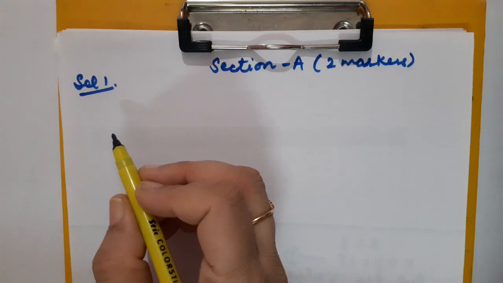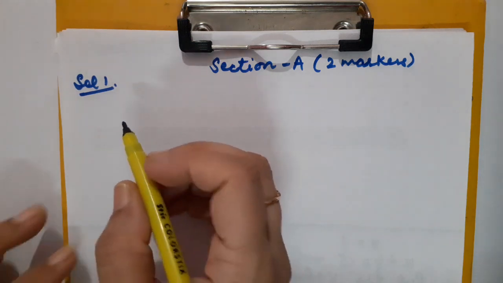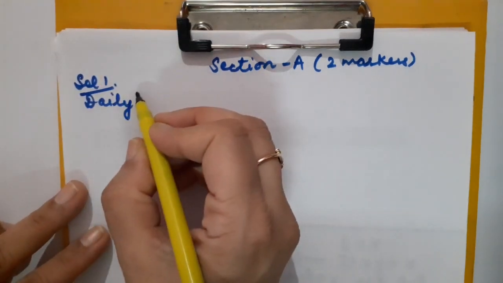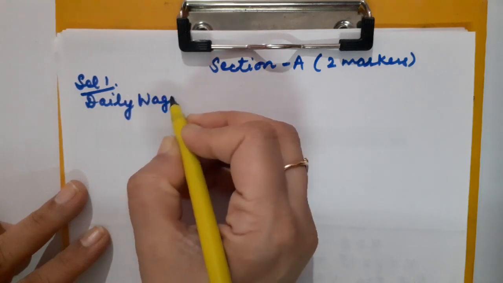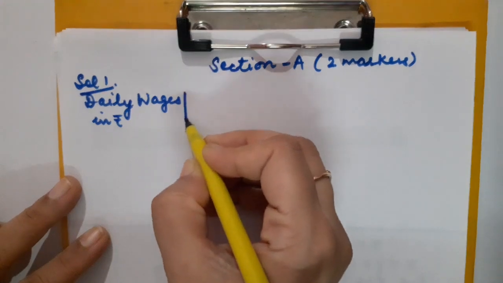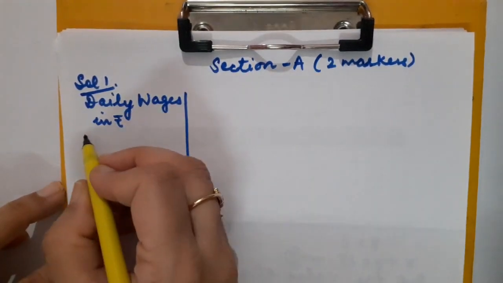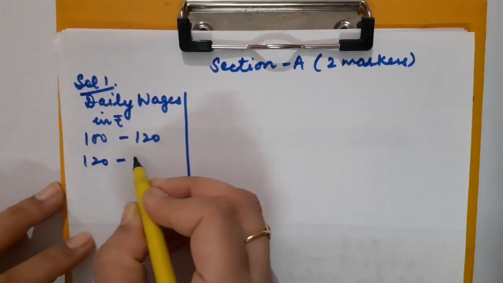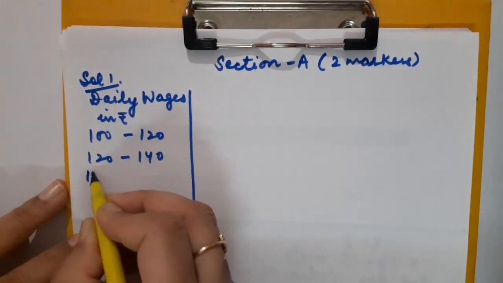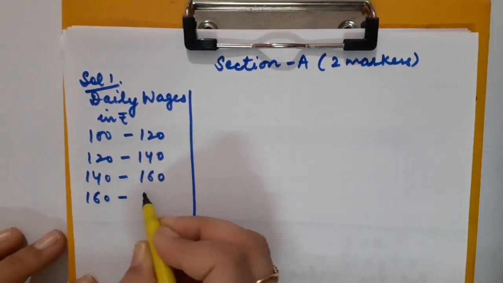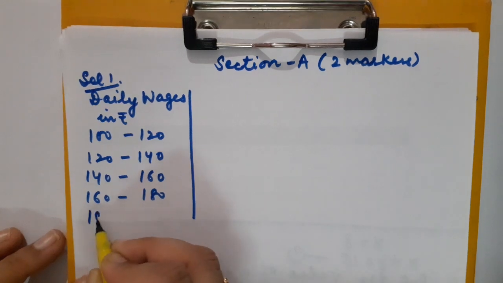Consider the following distribution of the daily wages of 50 workers of a factory. So we will be having the daily wages given of 50 workers. Children, you know that wages are always considered in rupees. So these are daily wages in rupees. From 100 to 120, 120 to 140, 140 to 160, 160 to 180 and 180 to 200.